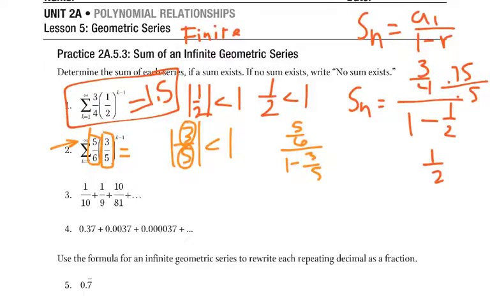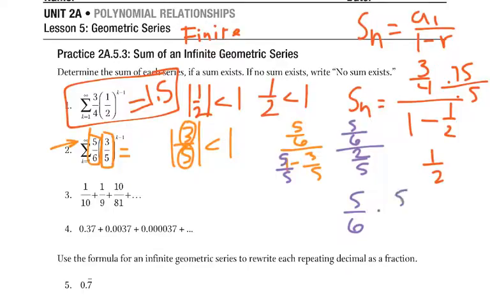Now, we can just type it into our calculator like that. Or we could simplify. This would be like 5/5, 5 minus 3 would give us 2/5. And 5/6. Remember, when we're dividing fractions, you probably learned that if we multiply by the reciprocal, it's the same thing.